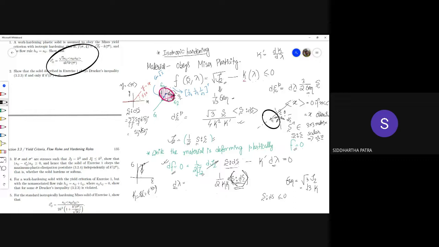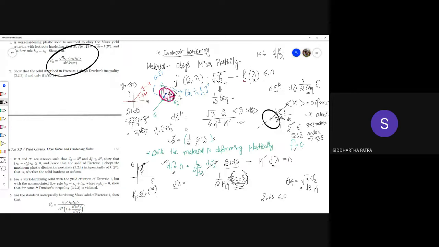The von Mises criterion, let's say, is given by this, for a given value of k. Let's say k is 100 MPa, for any given value of integrated equivalent plastic strain. So what is s inner product s? That is s1 squared plus s2 squared plus s3 squared in principal directions.